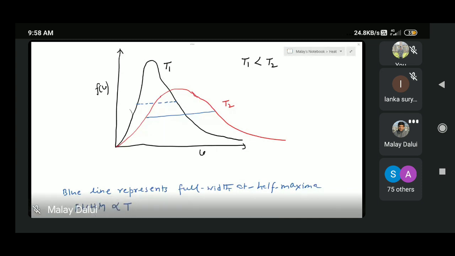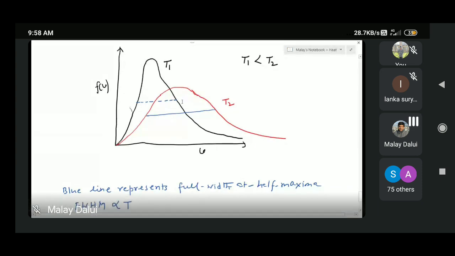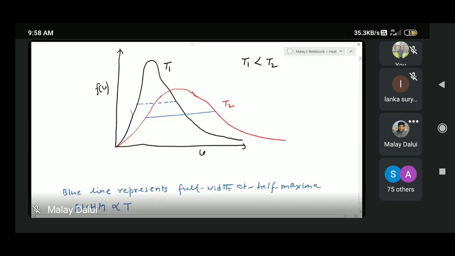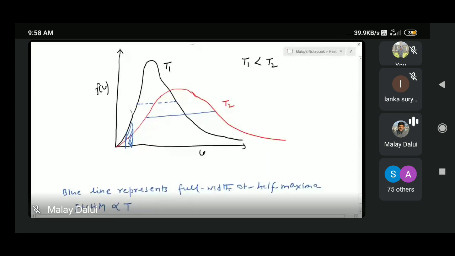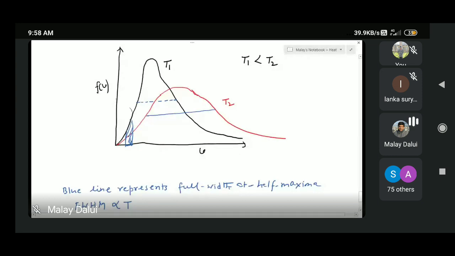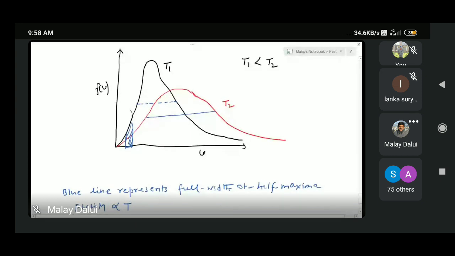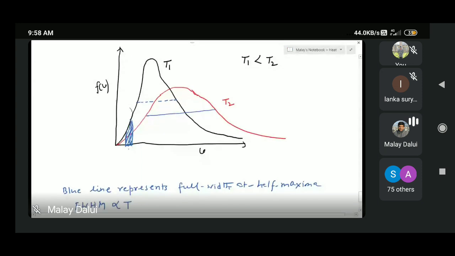Okay. So this is our velocity distribution. Suppose you take a point somewhere here, and take a strip. This is the range of velocity, and this is f of v. The area under the curve, f of v dv, represents the number of molecules having this velocity range.